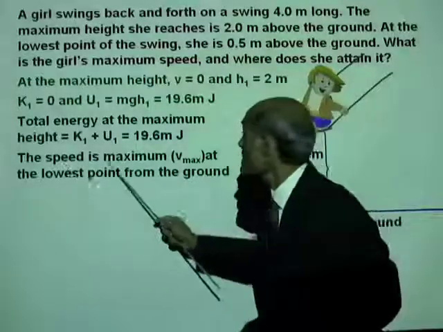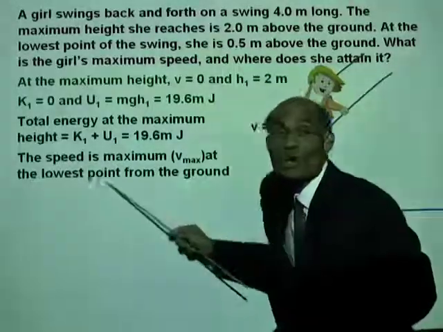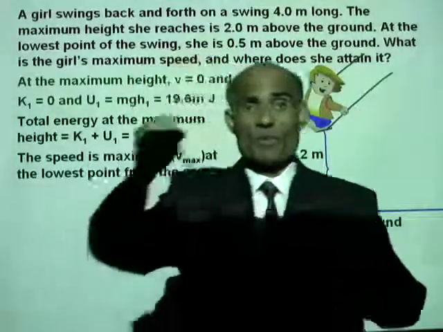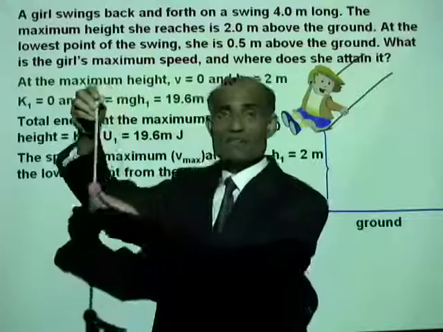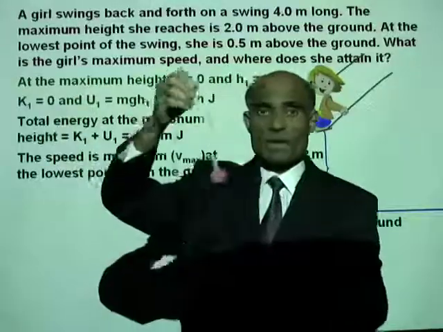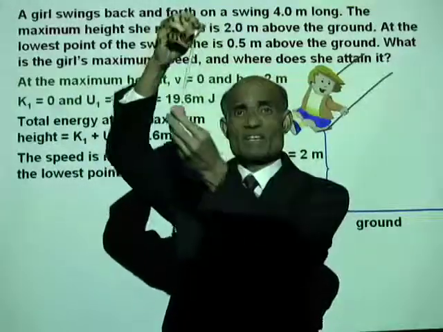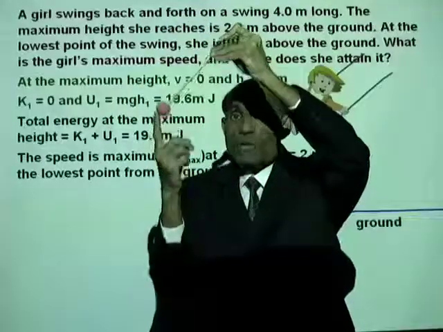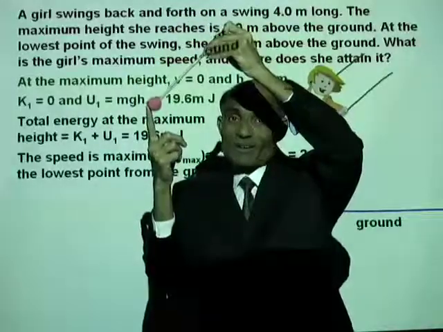The speed is maximum at the lowest point. You can see that at this position when she is at the extreme, there is only potential energy here.